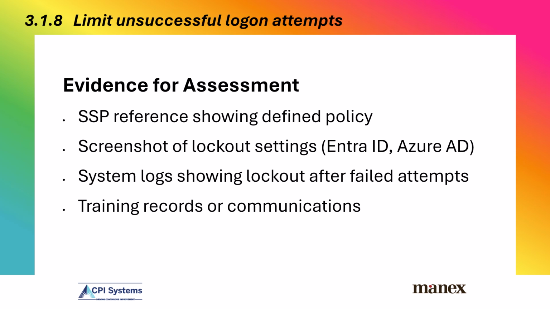System logs showing lockout after failed attempts. And training records or communications. We're reviewing this evidence, and it must demonstrate both the defining and implementing of the control. A screenshot, combined with the log excerpt and policy documentation, is compelling proof of compliance for an assessor.